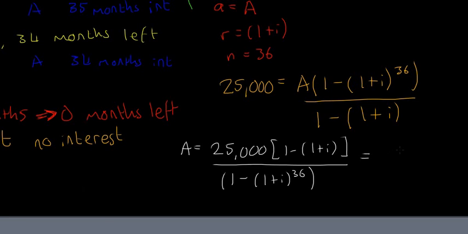Put that into your calculator, you're going to find that your answer is 624.22 euros. That's how much Orla has to save every single month if she wants to buy her car in 3 years.